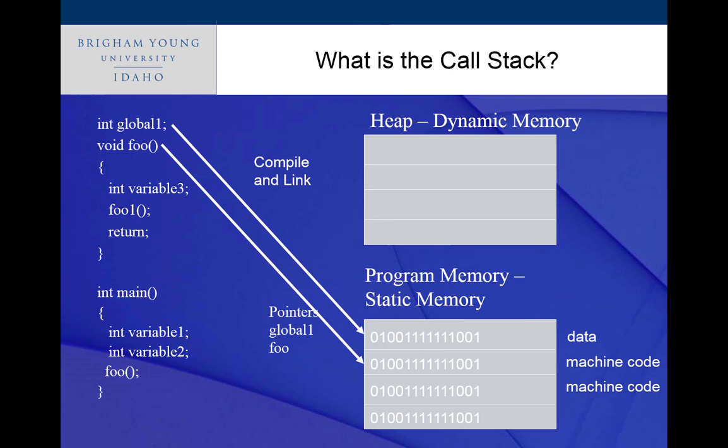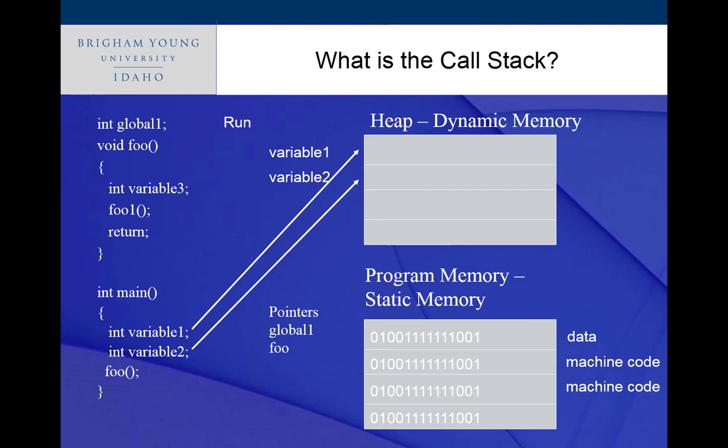Now the actual label foo is a pointer to the very first location associated with that function. Now if we went on and looked further down in program or static memory, we'd see our function main and the machine code associated with that. And that's designed to stay in static memory and not move around, and that is created and put there during our compile and link phase of our process.